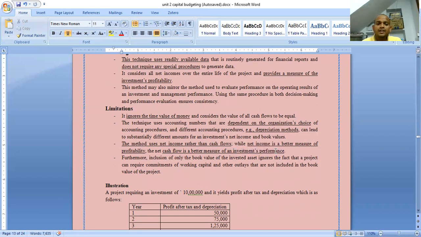So this is the difference between net income and cash flows. Investment's performance is determined with the cash flows, not with the net income. That is the limitation with the accounting rate of return or average rate of return.